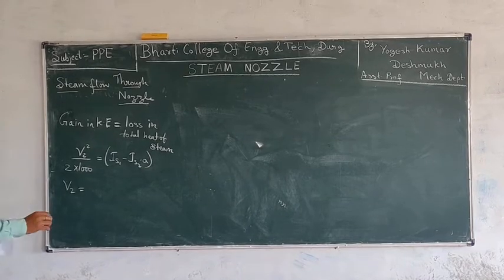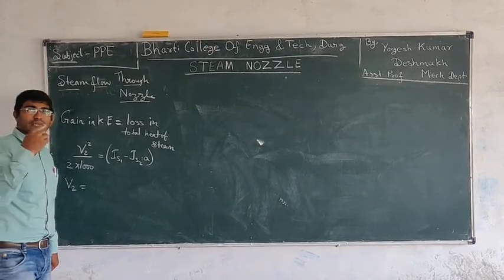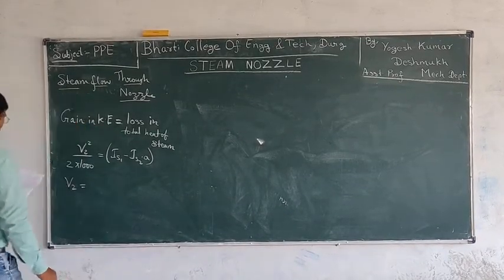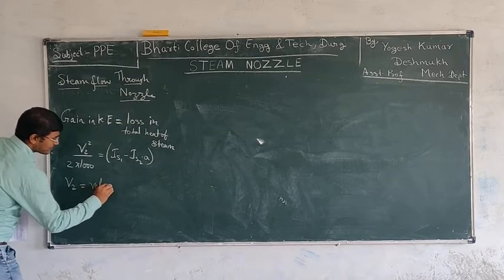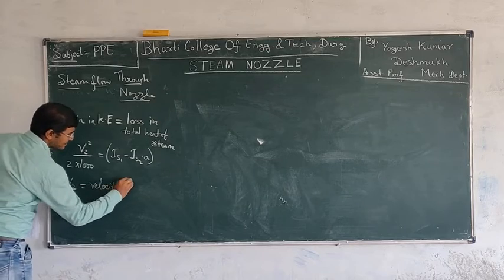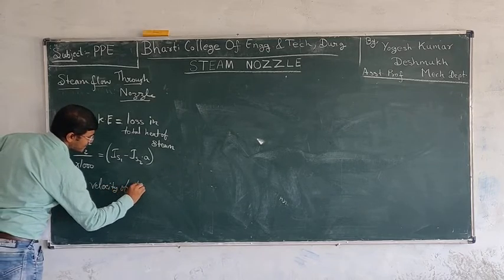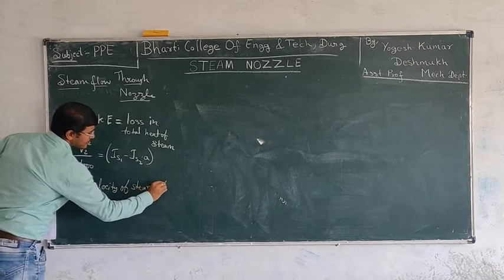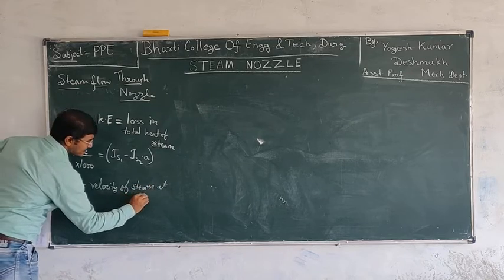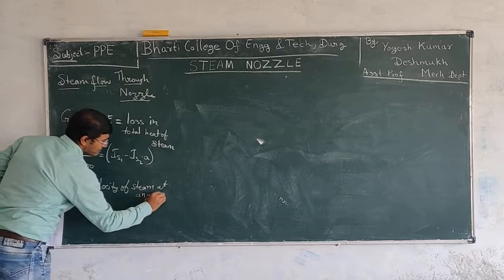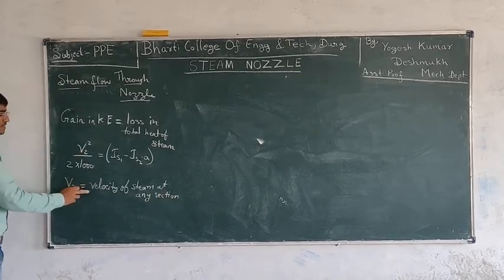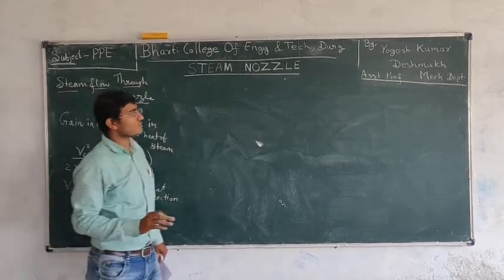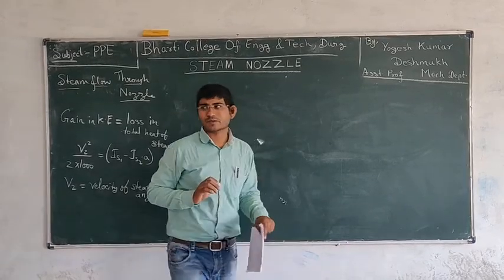V2 is the velocity of steam at any section of the nozzle, where we are going to calculate.